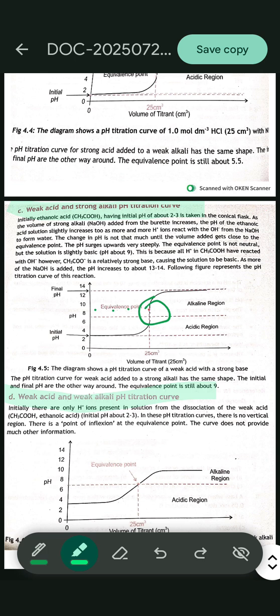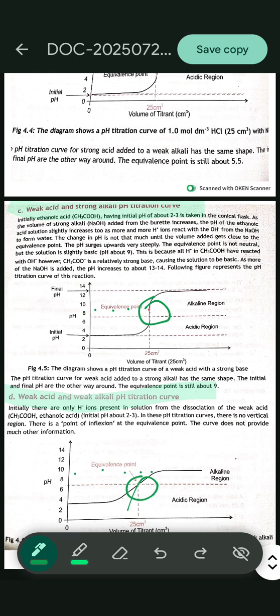So here we have the equivalence point at about pH 5, or no, not 5, it's about 7. So the equivalence point is about pH 7, and there is not a very large change in the pH, and the alkaline region exists at about pH 9.